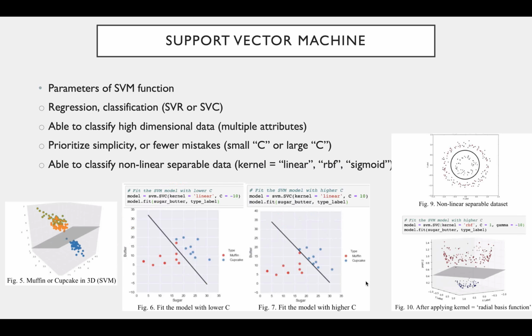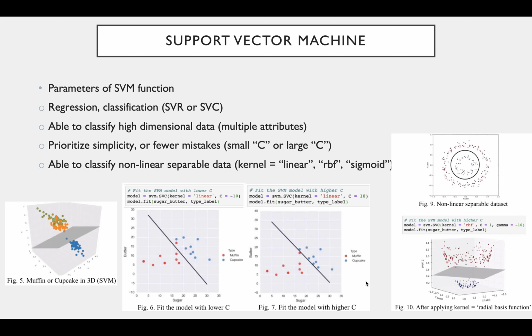So the support vector function has some parameters, so we are going to talk about them. First, the support vector machine function can do regression and also classification. For my project, I select the SVC, which stands for support vector classification.